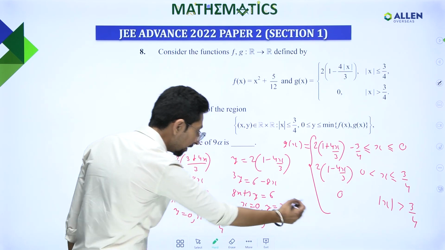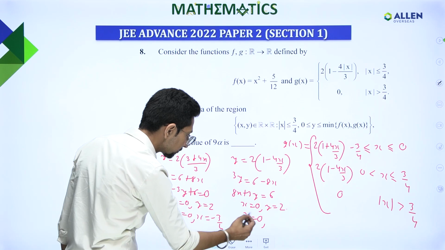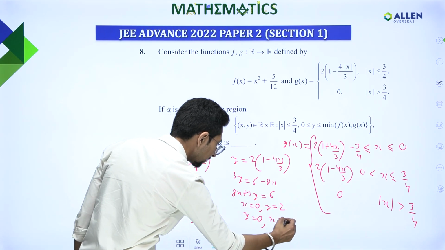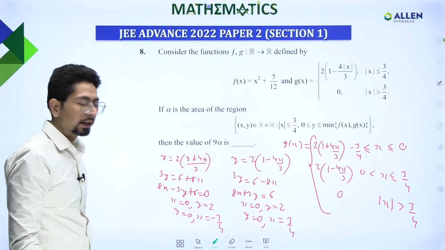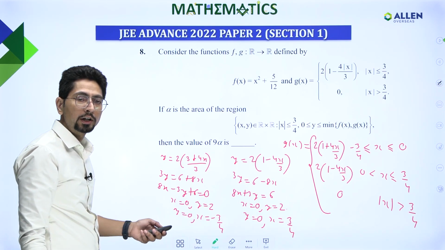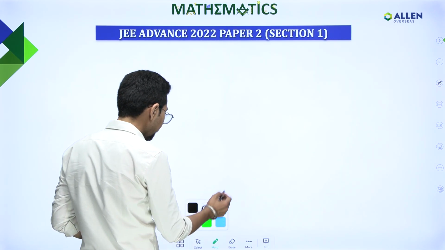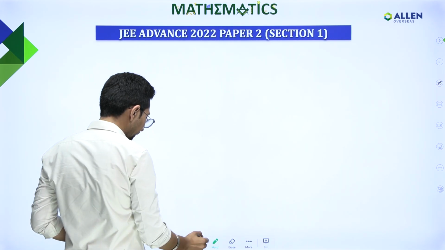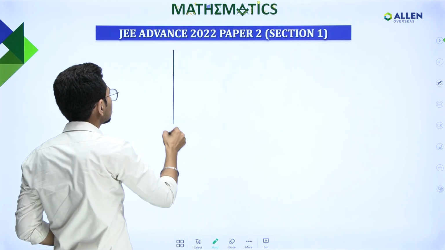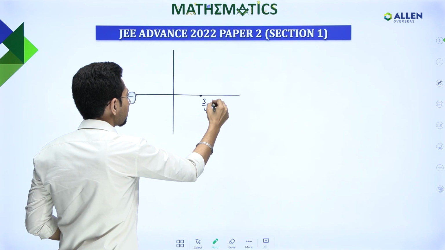This is not required to be written, but definitely you have to solve it orally and draw the lines. y0, x 3 by 4. So what we are getting is, these are the coordinates, right? One is the coordinate 0, comma 2, where both the lines are intersecting. Let's draw it here. Both the lines are intersecting with respect to the curve. One is 3 by 4, comma 0, right?